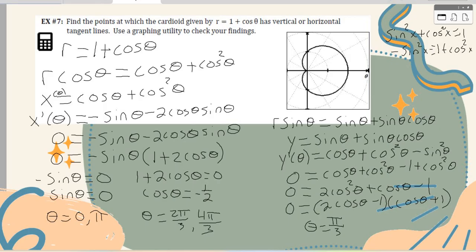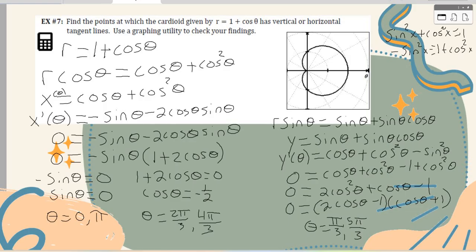So then we also need our fourth quadrant. What's another way that I could write 5 pi over 3? Negative pi over 3. So notice that this could also be plus or minus pi over 3, because sometimes you'll see it written like that. Are we all okay with that?